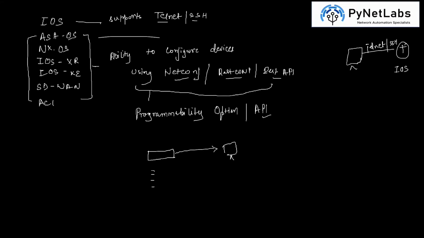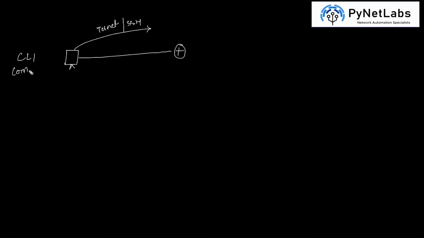So, let's say you have a management PC here, then you have a router getting connected to it. So you use Telnet and SSH, right? And in order to make that connection and configure it, you run some CLI commands.